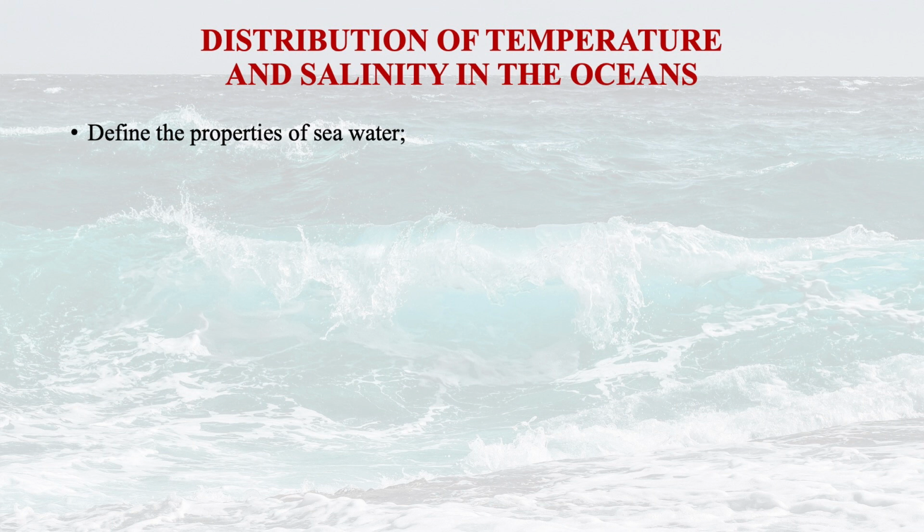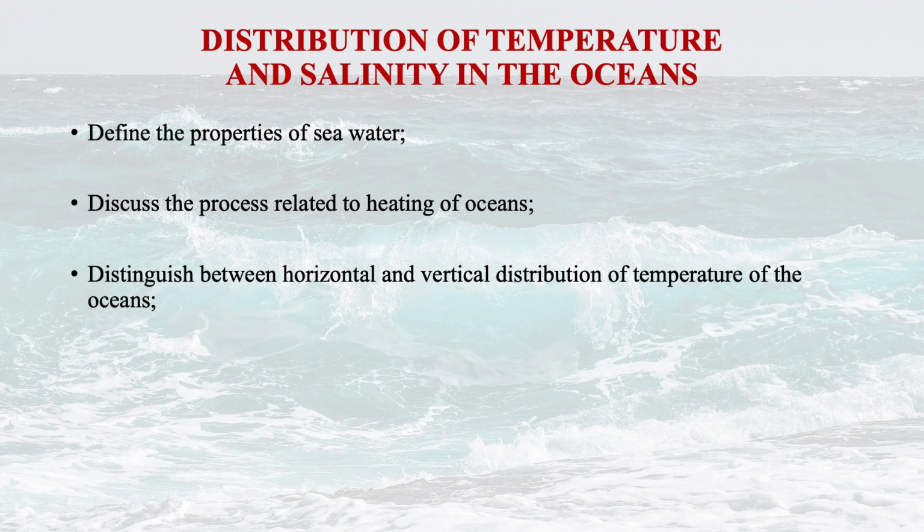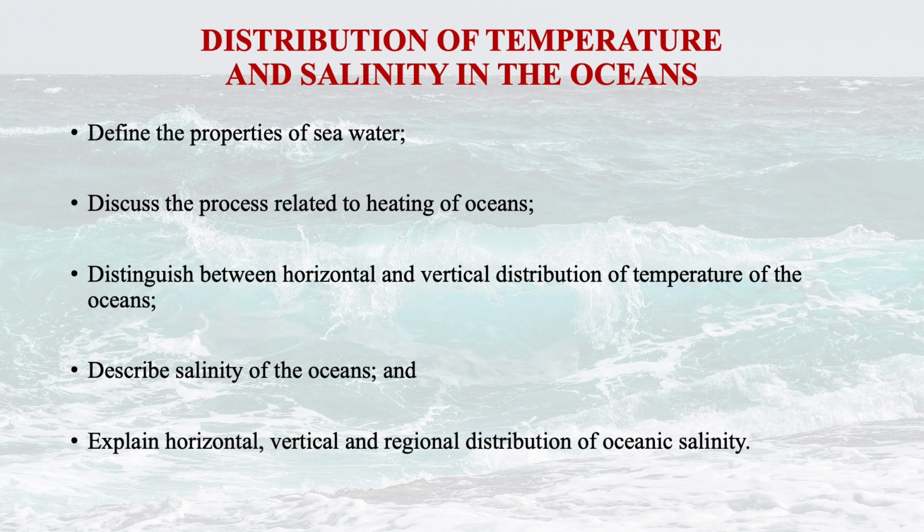You can discuss the processes related to the heating of the oceans, and you can distinguish between the horizontal and vertical distribution of temperature in the oceans, and you can define salinity and describe the salinity of different oceans. Then again you can explain the horizontal, vertical and regional distribution of oceanic salinity.